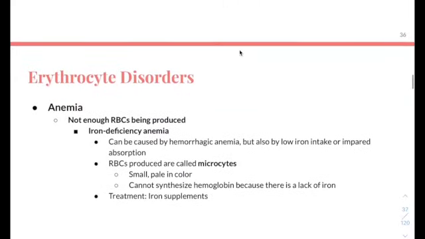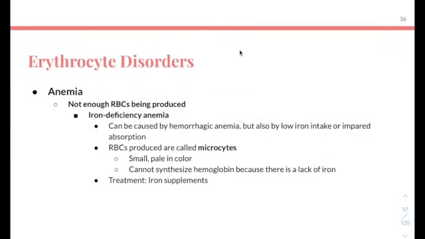If we do not have enough red blood cells being produced, that is iron deficiency anemia. It can be caused by hemorrhagic anemia, but also by low iron intake or impaired absorption, so we're not absorbing the iron that we need.